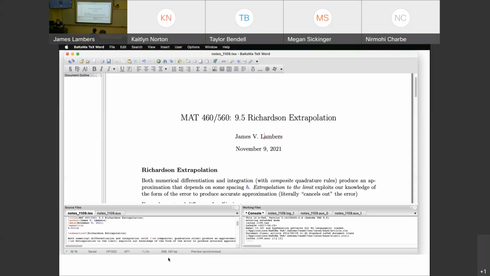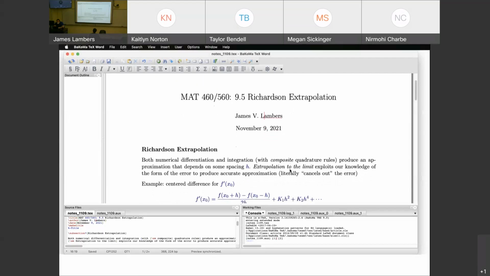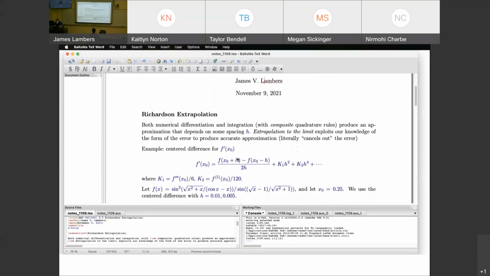Okay. So now, so you get an idea what I mean. Here we have as an example the center difference approximation for the first derivative. So f of x naught plus h minus f of x naught minus h all over 2h. And one of the homework problems for this section is to actually show, using Taylor expansion, that the error has this form, that you have some constant times h squared plus some constant times h to the 4, and so on.